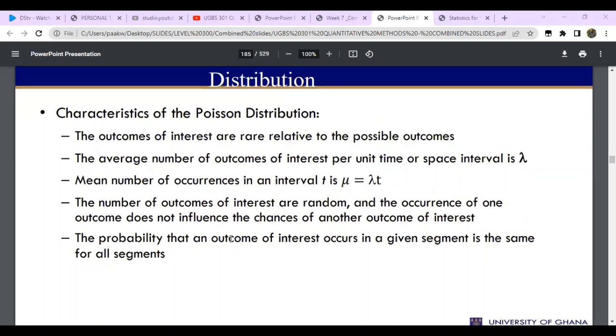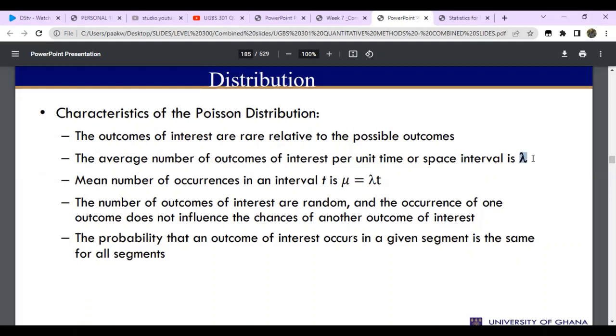So we are saying the outcomes of interest are rare relative to the possible outcomes. The average number of outcomes of interest per unit time or space interval is lambda.